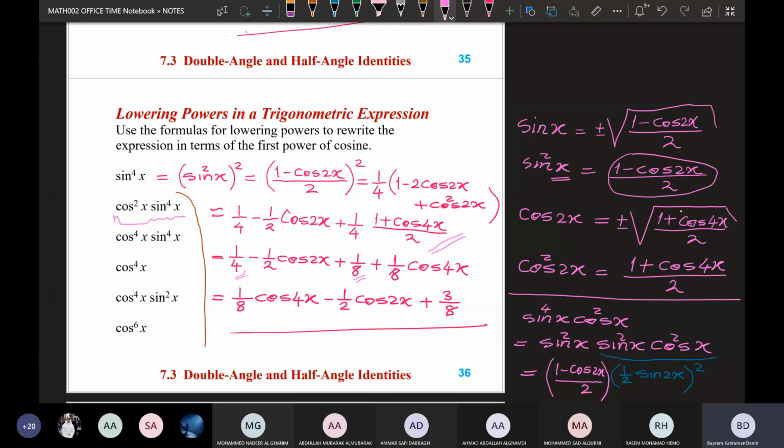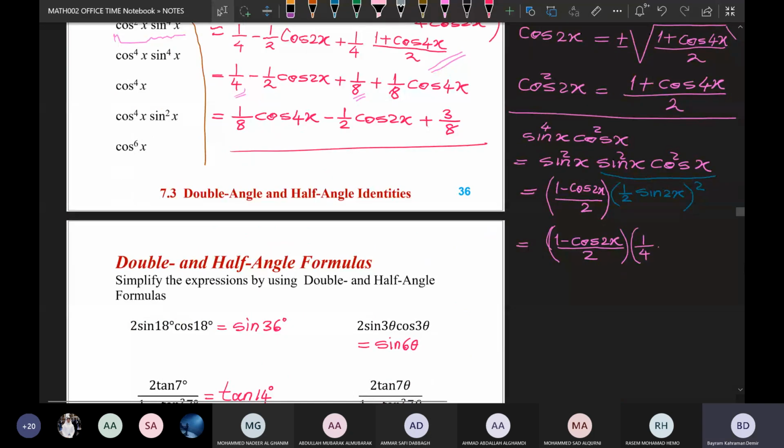So you will get 1 minus cosine 4x divided by 2. All right. So I hope you guys can continue. Let me write one more step for you. 1 over 4, 1 over 8, 1 over 2, so 1 over 16.